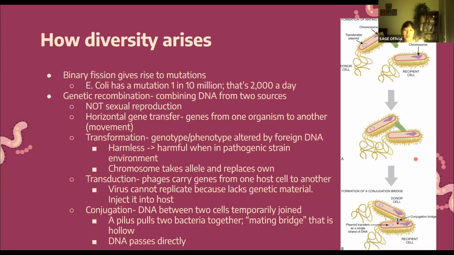Conjugation is when two bacteria are connected through a sex pilus, also called a mating bridge, which is hollow, and then the genes pass through it. Horizontal gene transfer is a general umbrella term for all three of these functions.